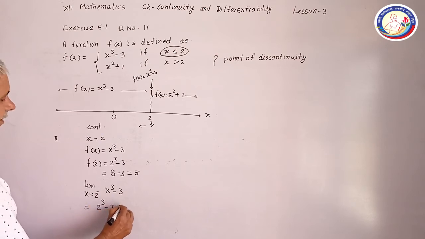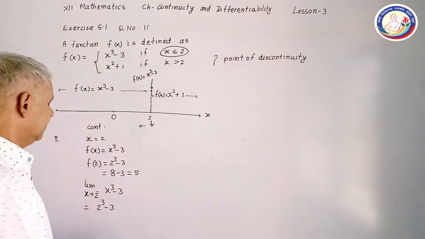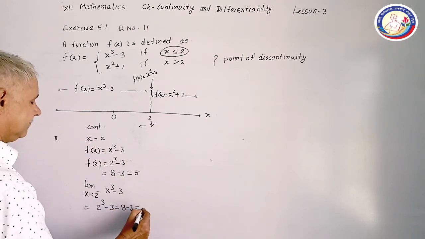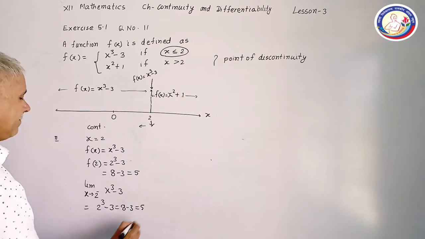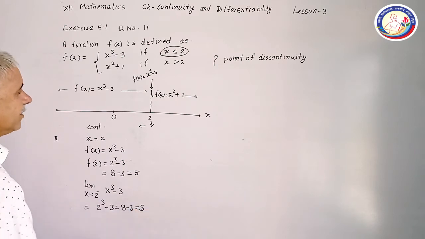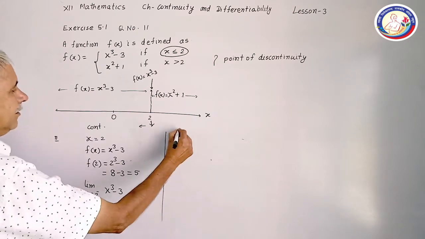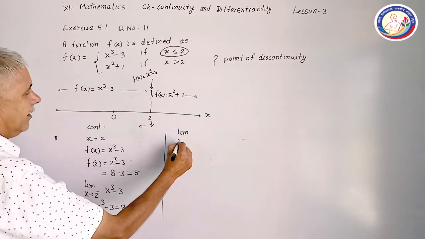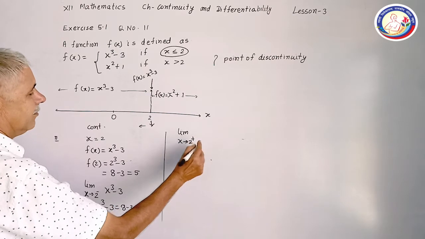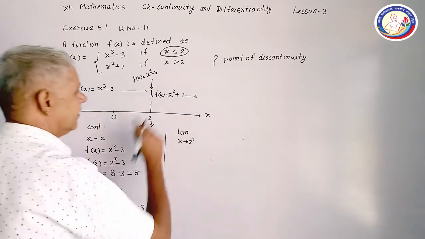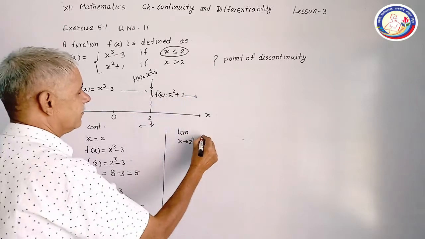Again I am obtaining 8 minus 3, which is 5. Now what about the right hand limit? Limit x tending to 2 plus, or the right hand limit of this function at 2. The function will be x square plus 1.